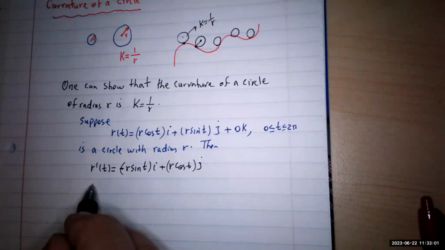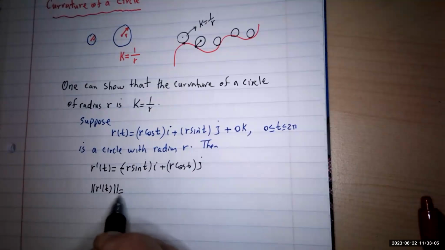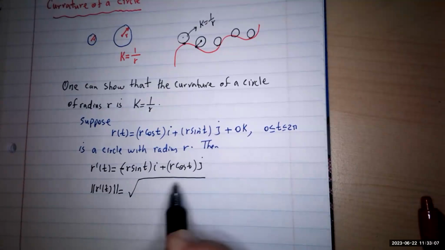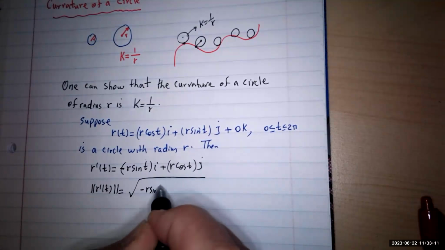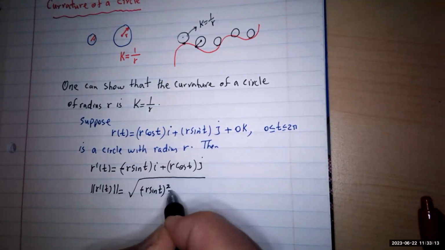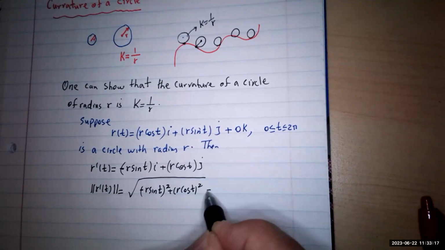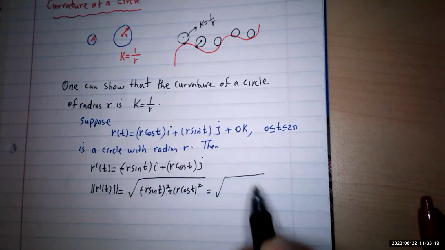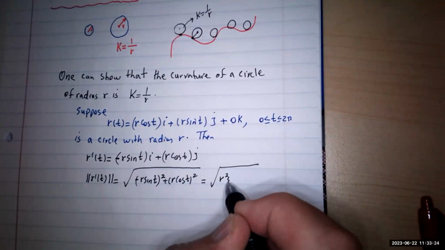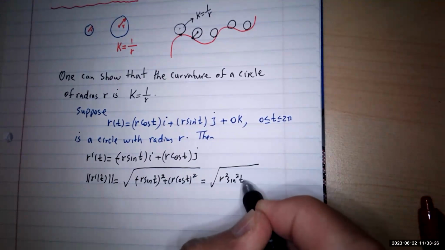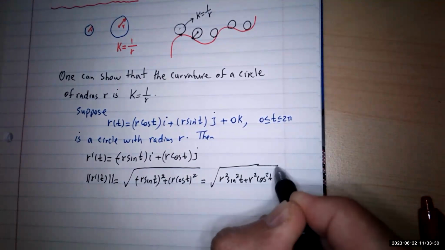If you get the norm of r prime of t, the norm would be the square root of negative r sine of t squared plus r cosine of t squared, which is r squared sine squared t plus r squared cosine squared t.